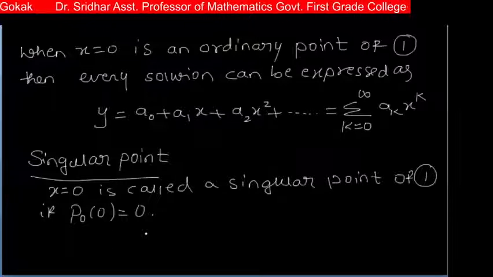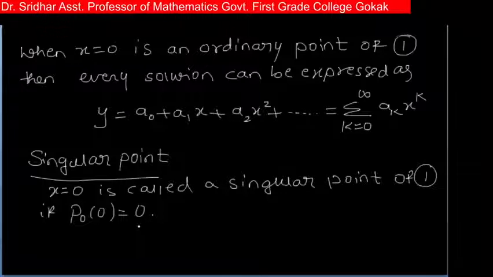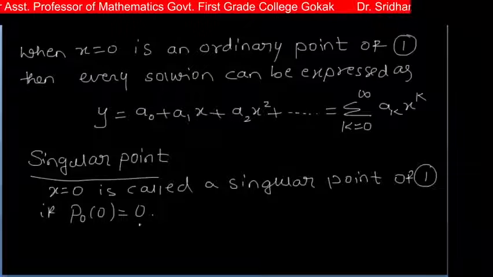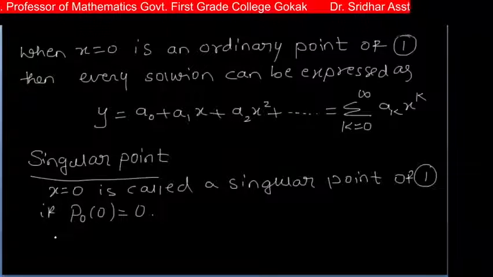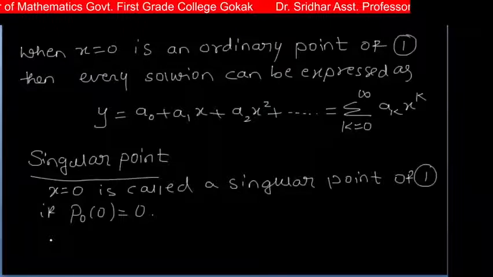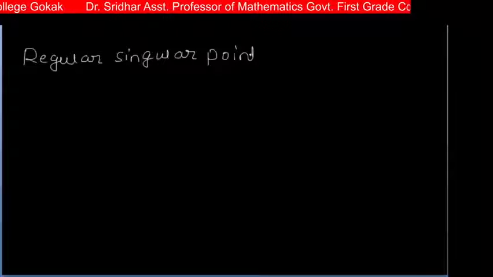Okay, so if it is a singular point, then p naught of 0 is equal to 0. Then next comes regular singular point.